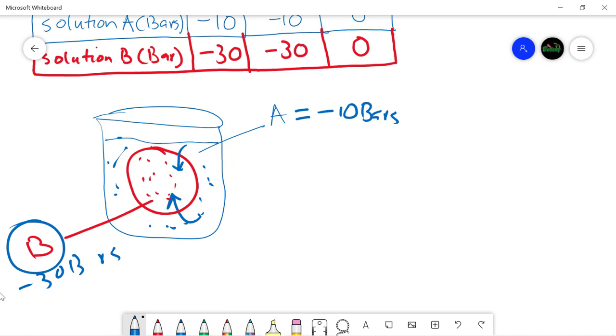The direction of the gradient is from A to B. The tonicity determines the direction of osmosis from solution A to solution B.